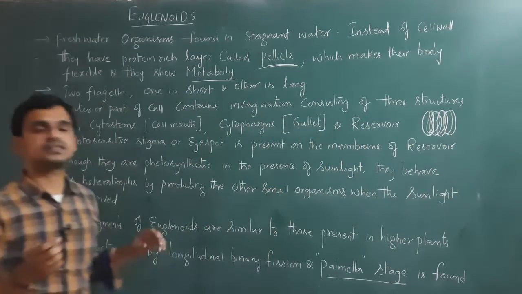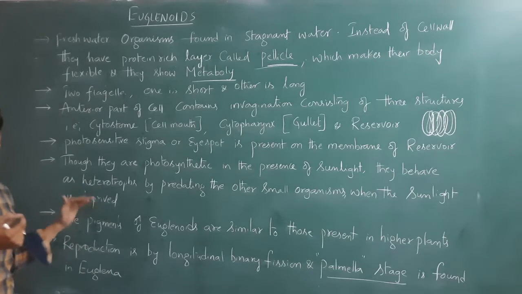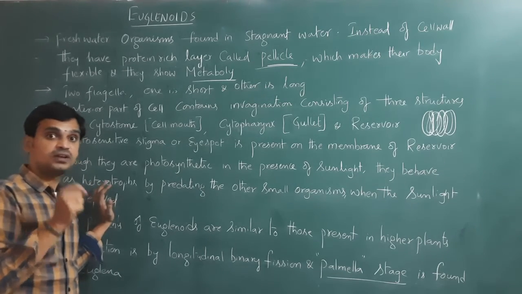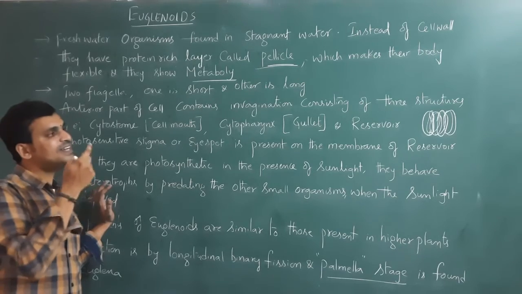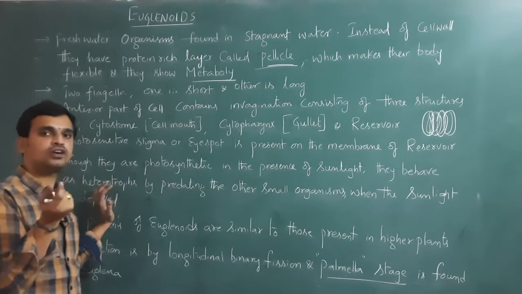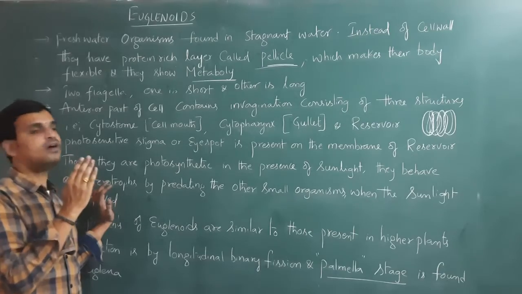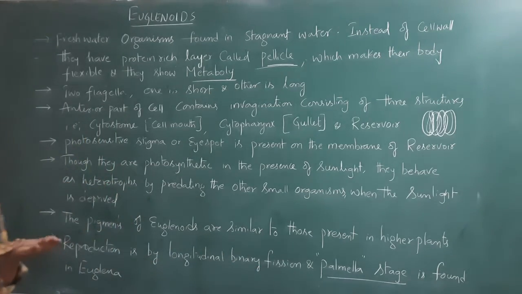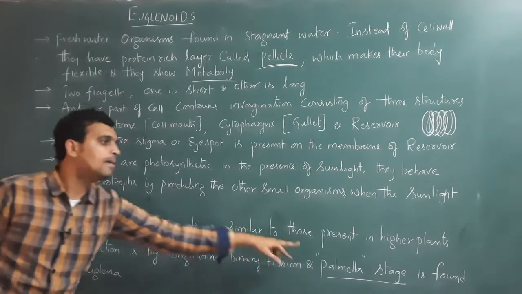Each cyst usually consists of daughter euglenoids, which can undergo longitudinal binary fission. So the gelatinous mass along with the cysts is called the palmella stage.